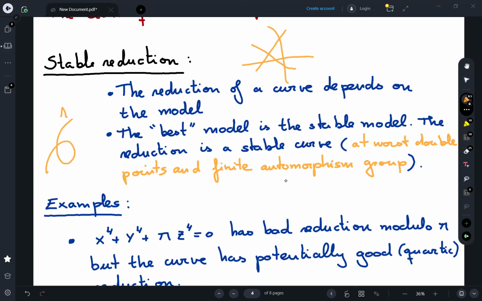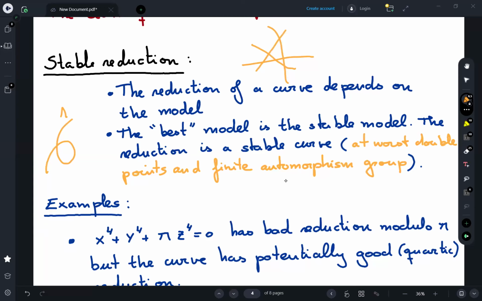So the automorphism group is finite. Those are examples of a stable curve. So basically, to every curve of genus greater or equal to 2, you can associate what is called the stable model. That is the model that, when you do the reduction, you get the stable curve. Meaning that even if you get bad reduction, you get a controlled bad reduction in this way.